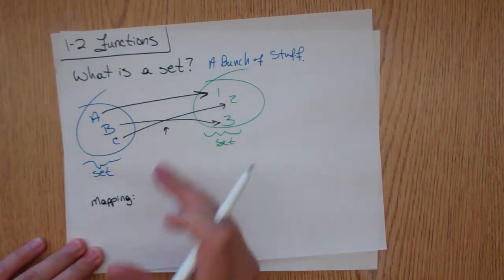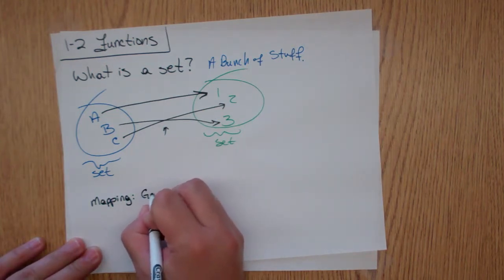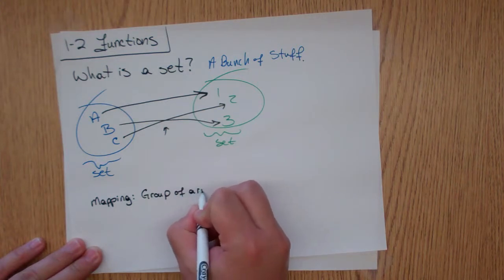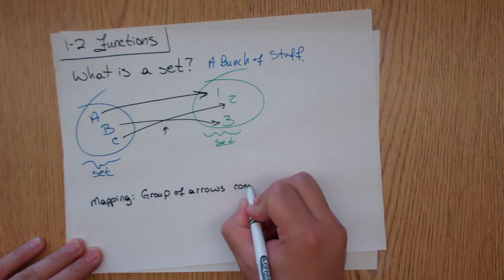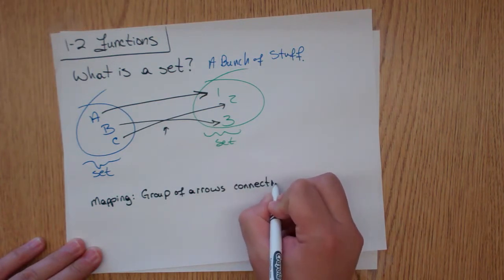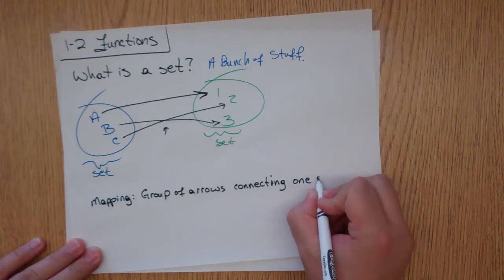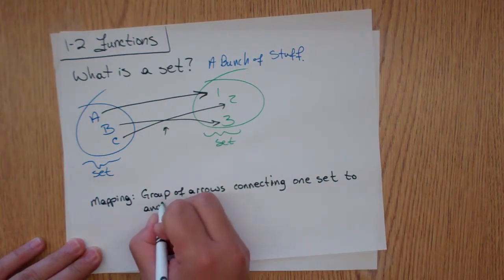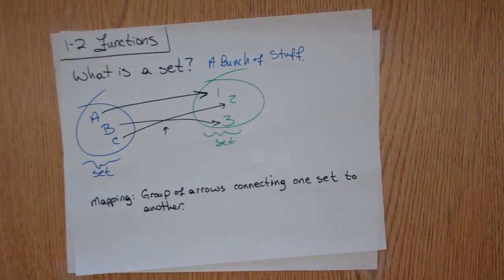We mapped one set to the other, and we use those arrows. So mapping is simply a group of arrows connecting one set to another.